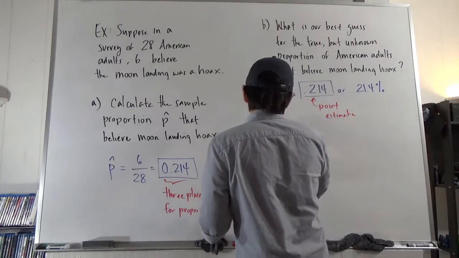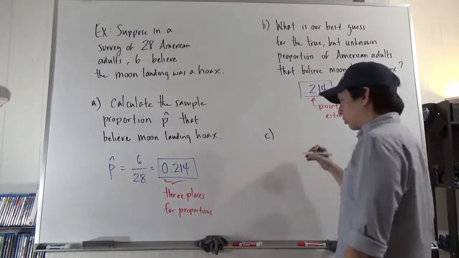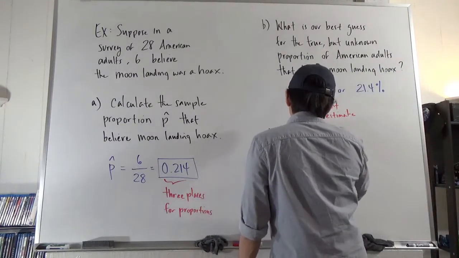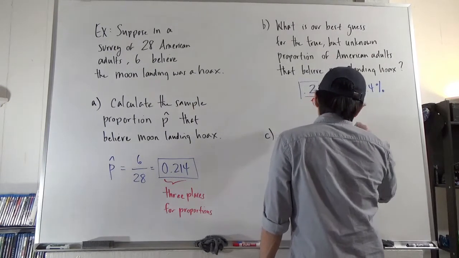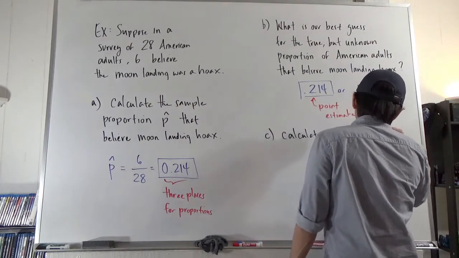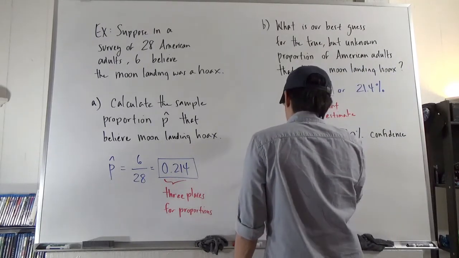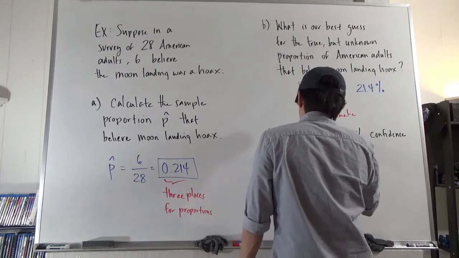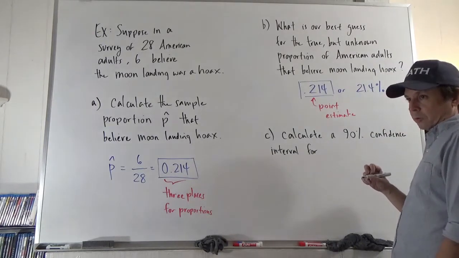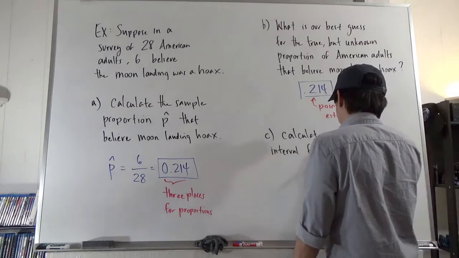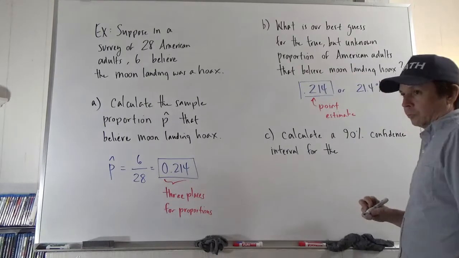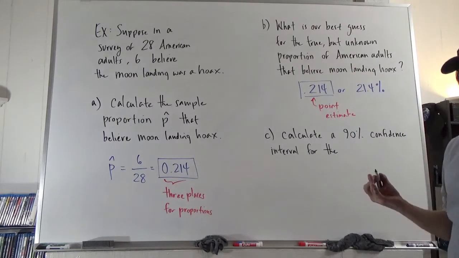C is going to ask you to calculate a 90% confidence interval. Calculate a 90% confidence interval for the proportion of American adults who believe the moon landing was fake.